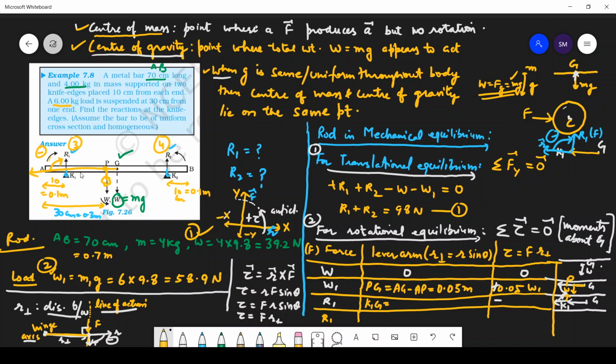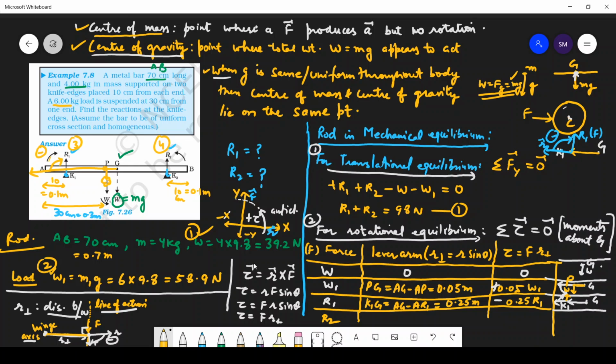This is AG minus AR1, and that comes out to be 25 centimeter, that is 0.25 meters. So this comes out to be minus 0.25 R1.